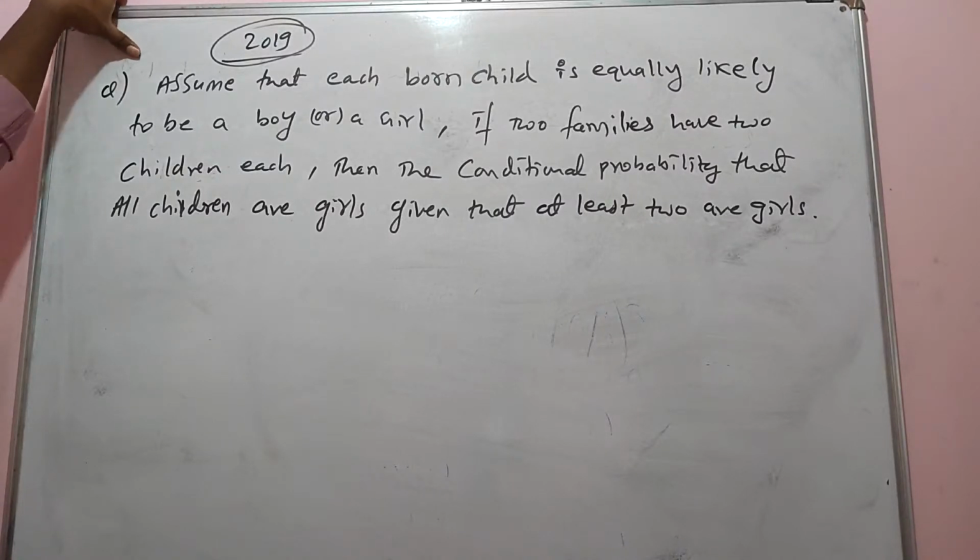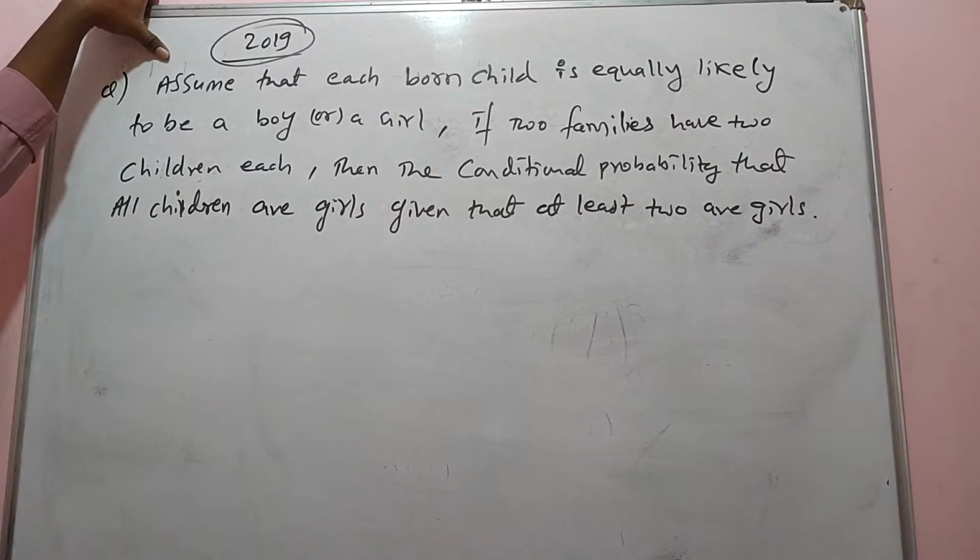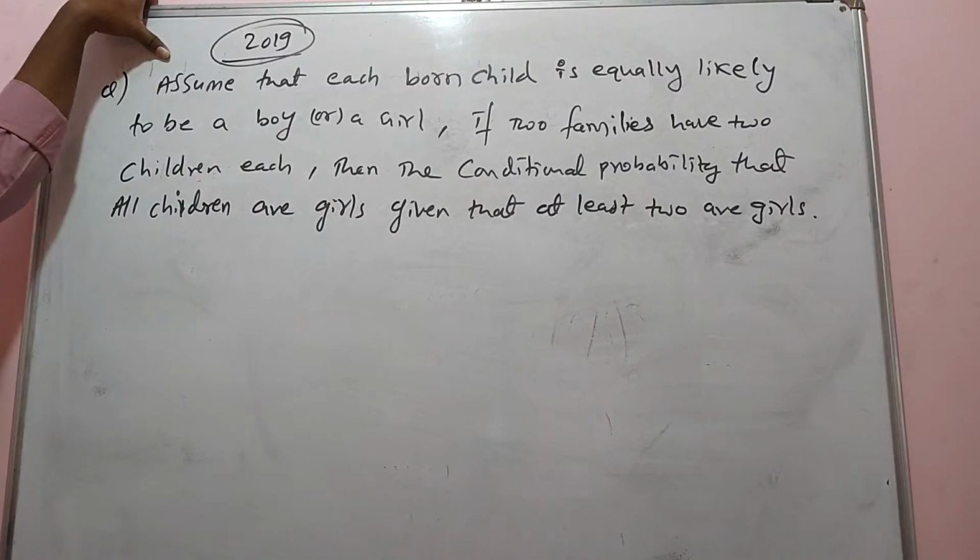If two families have two children each, then the conditional probability that all the children are girls, given that at least two are girls. This was asked in 2019 on 10th April.